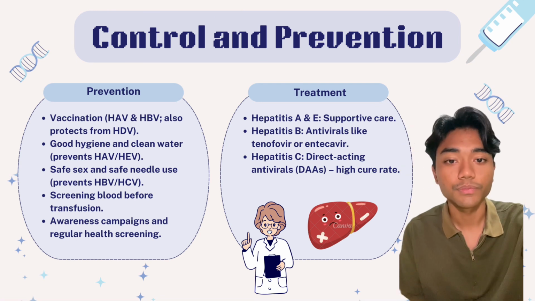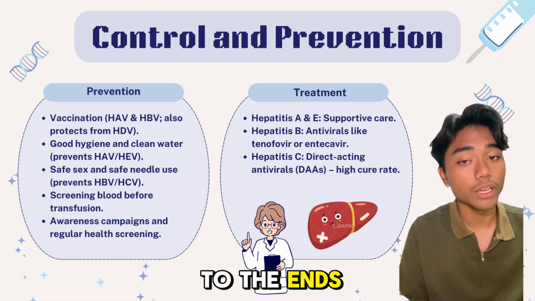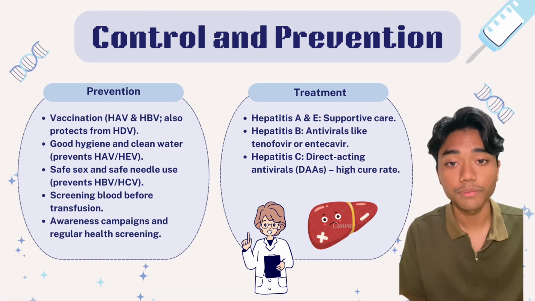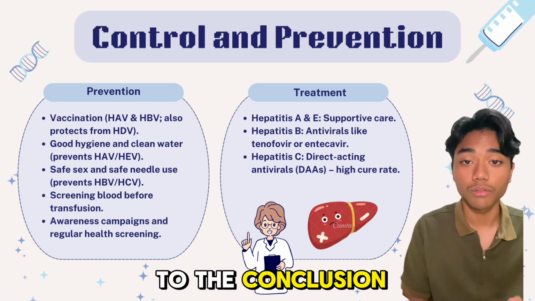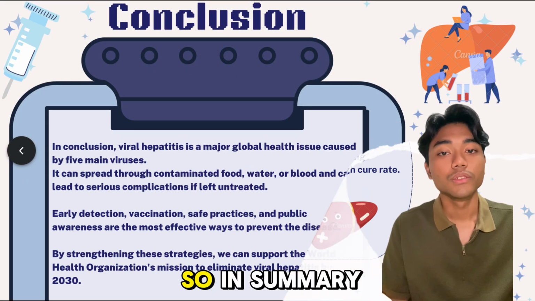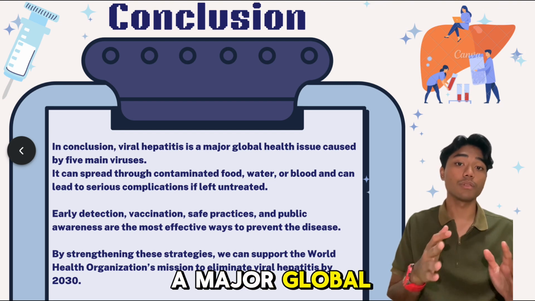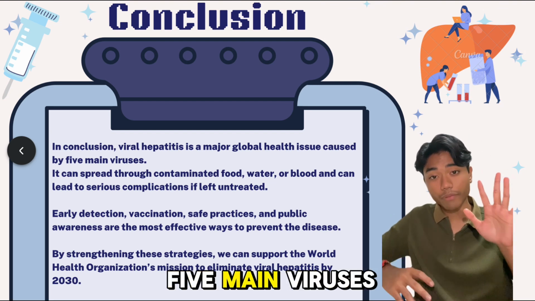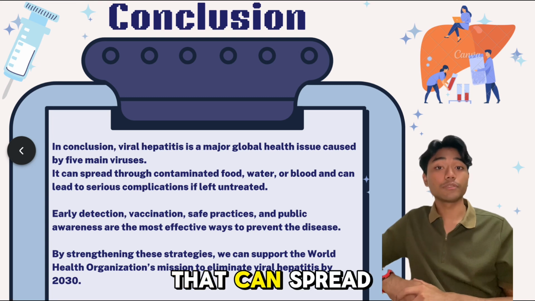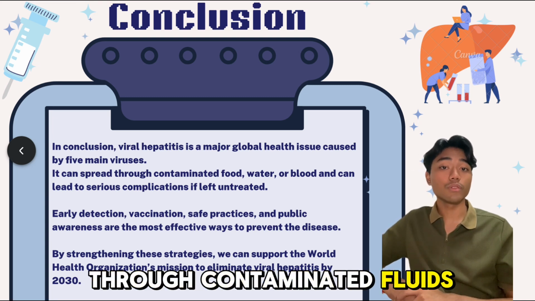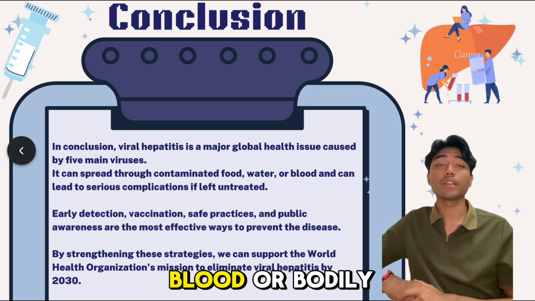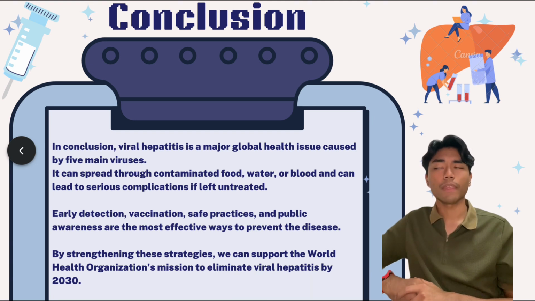So we have come to the end of our presentation. Let's move on to the conclusion. So in summary, viral hepatitis is a major global health problem caused by 5 main viruses that can spread through contaminated food, unsafe water, blood or bodily fluids.